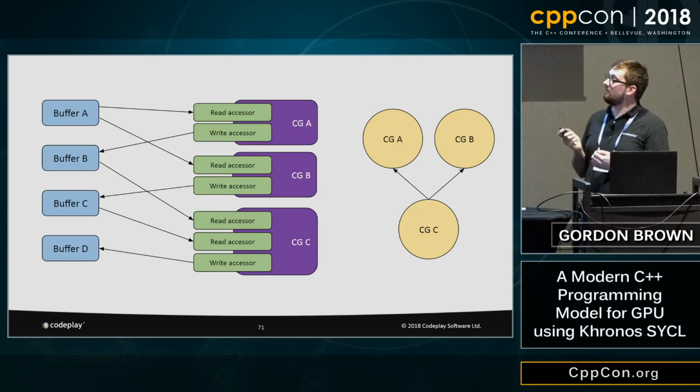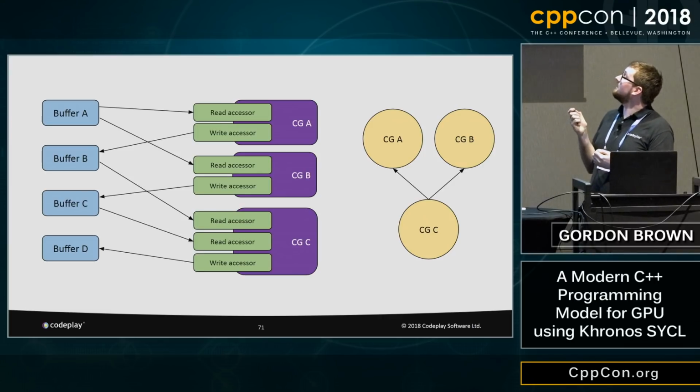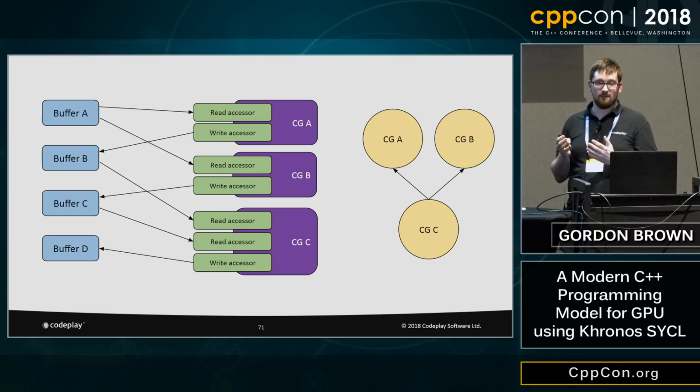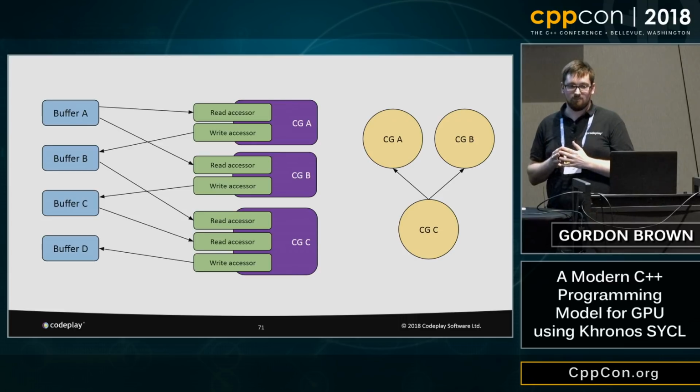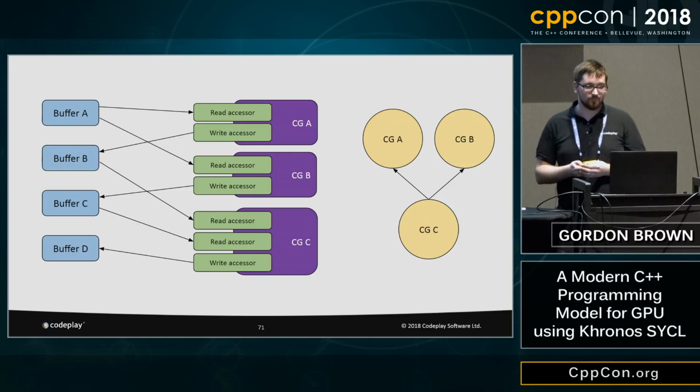However, when you come to run command group C, the third kernel, it knows that it's reading in from buffer B and buffer C, and these are being written to from other command groups, which means it has to wait until those are done. So the runtime implicitly creates this task graph for you, and all of the management of these kernels is done by the runtime automatically, so you don't need to worry about it.